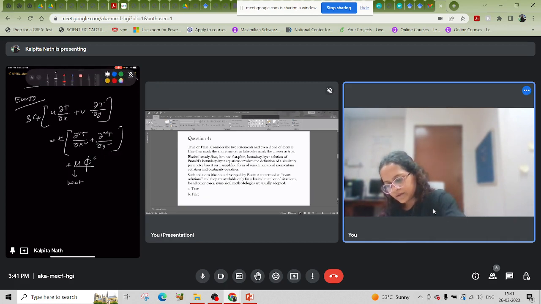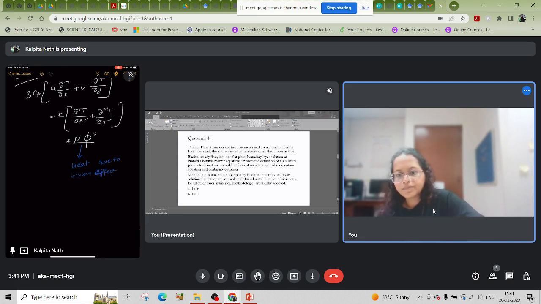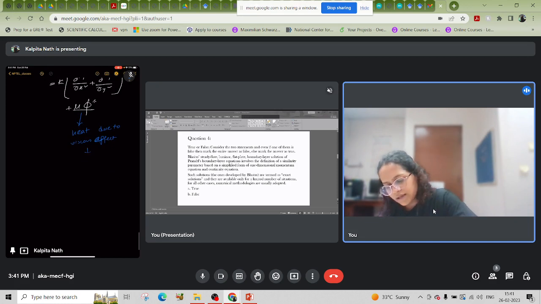Okay, let's write it with something different. This is the heat due to viscous effect. This is due to the viscous effect, and for an ideal fluid this is 0.